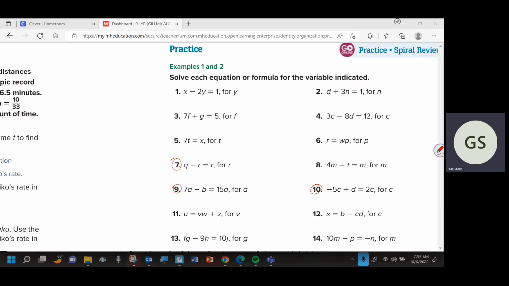Ones that would be very similar. Good job. Question one.